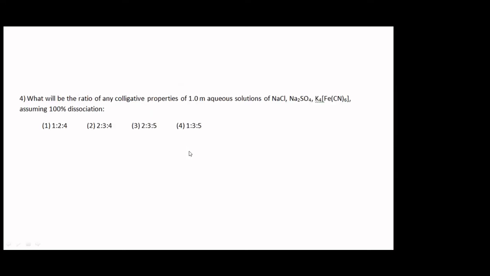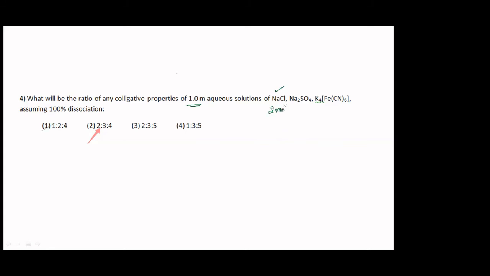What will be the ratio of colligative properties of 1 molal aqueous solutions of NaCl, Na2SO4, K4[Fe(CN)6], assuming 100% dissociation? Let's see whether it is correct or not. After complete dissociation, you have taken a 1 molal solution, meaning 1 mole of these solutes in 1 kg of the solvent. NaCl would give you 1 mole of Na plus and 1 mole of Cl minus, so 2 moles of ions.